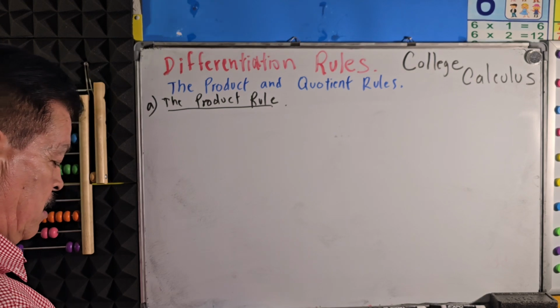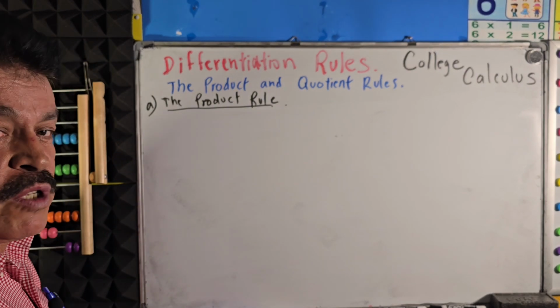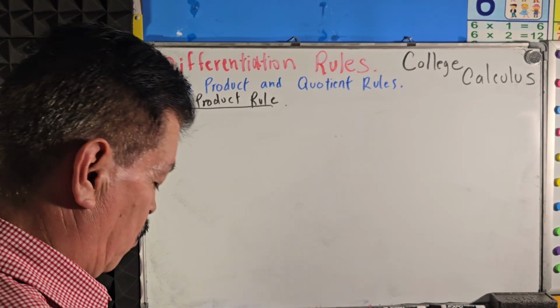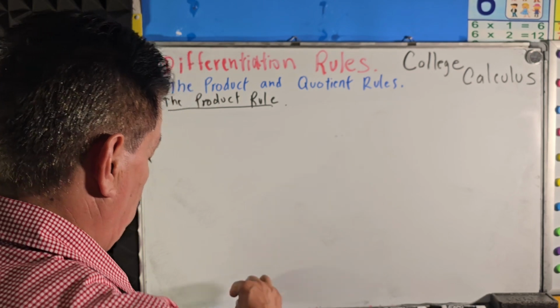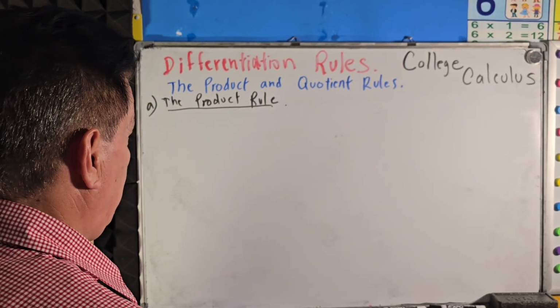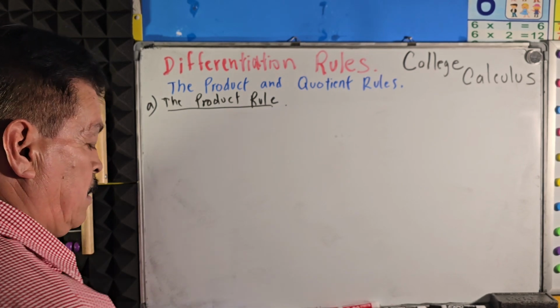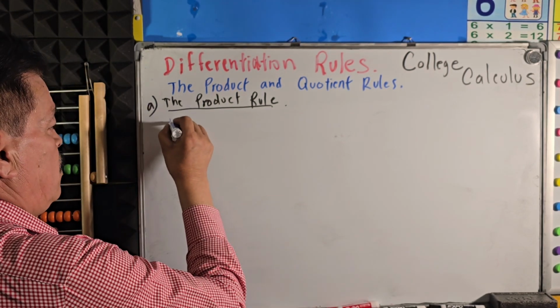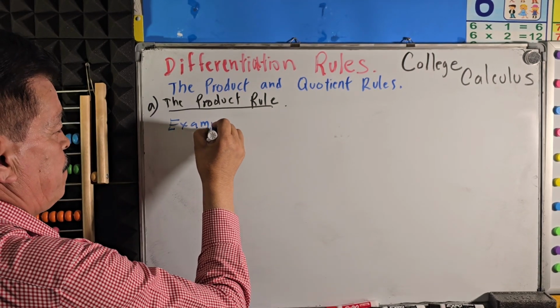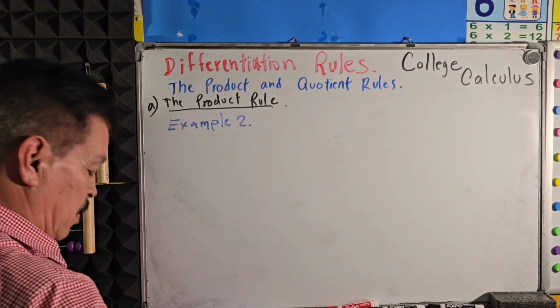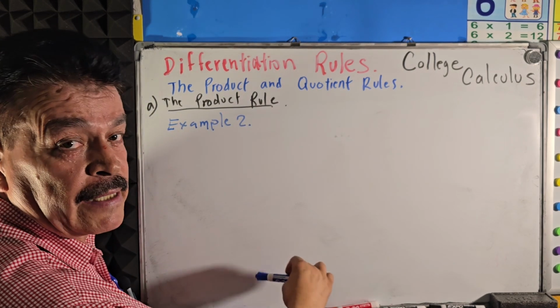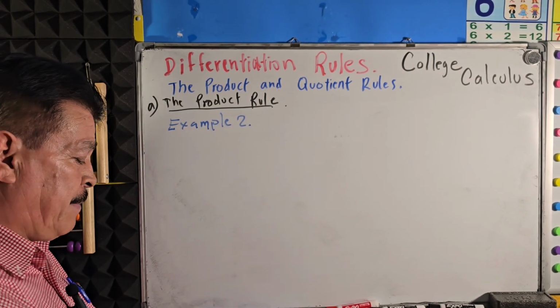Product rule. Problem number 2. That's very easy. Let me show you another example. Example number 2.